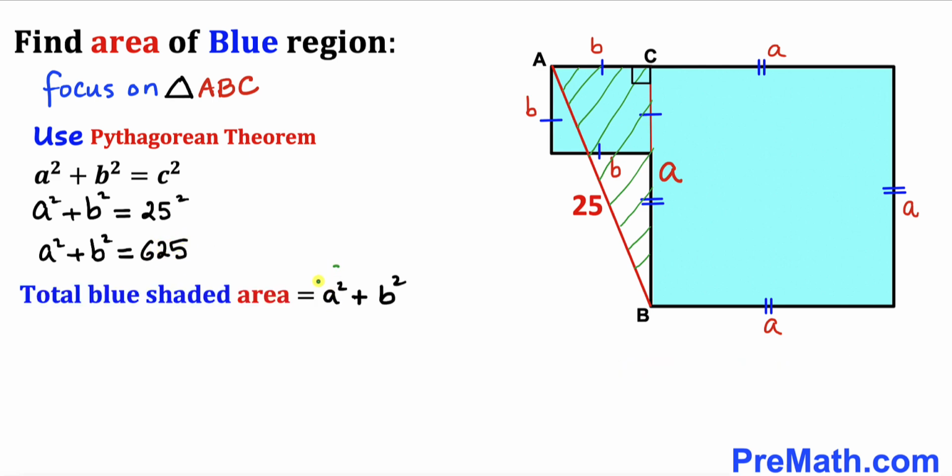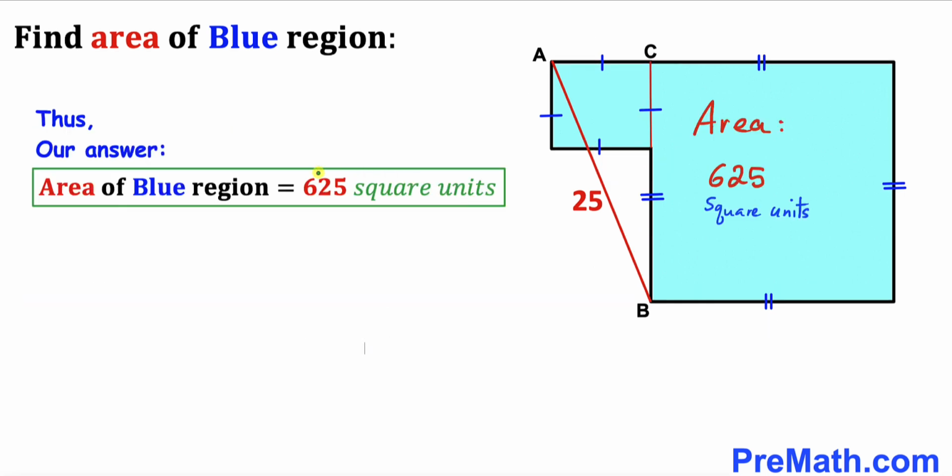So we figured out that A squared plus B squared turns out to be 625. I'm going to replace it over here by 625. Therefore, the total area of this blue shaded region turns out to be simply 625. Thus the area of this blue shaded region is 625 square units.